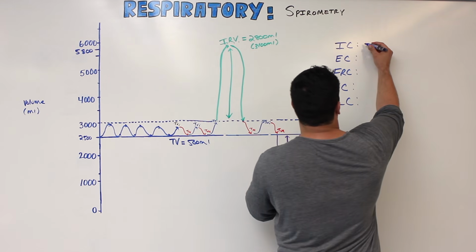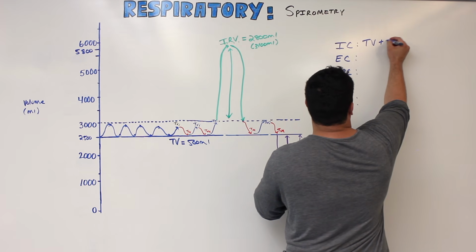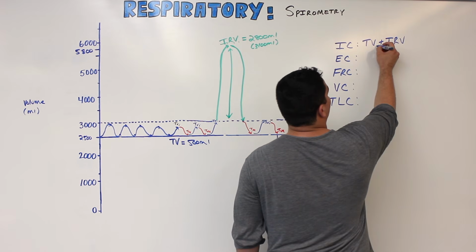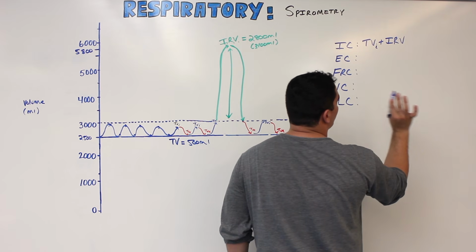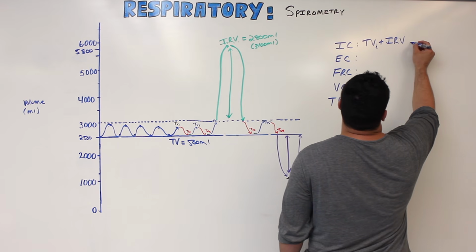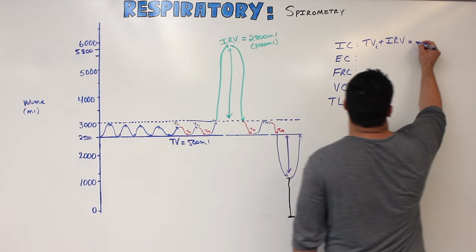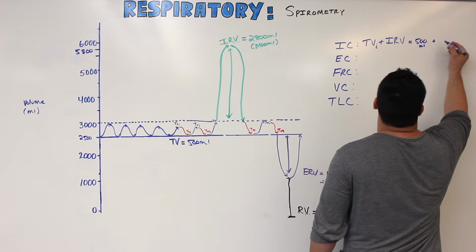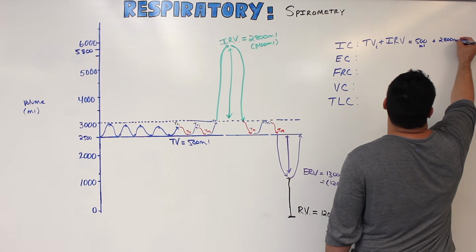If you really want to be particular, you could say tidal volume inspiration plus my IRV. Tidal volume was 500 mLs, plus the IRV, which was about 2,800 mLs.